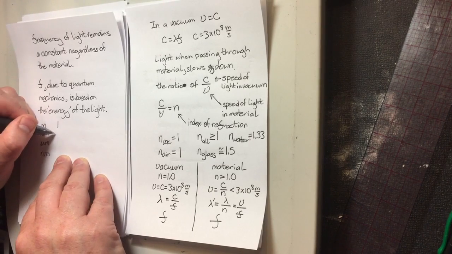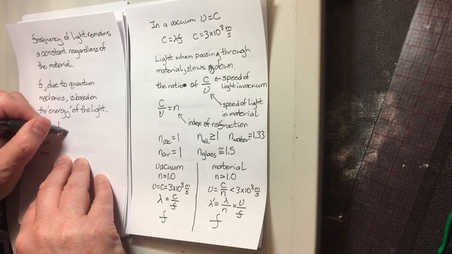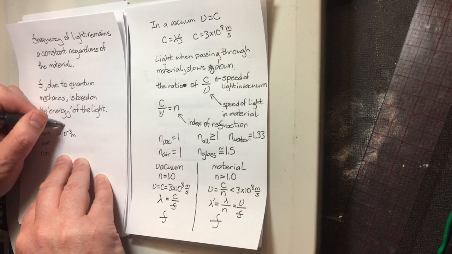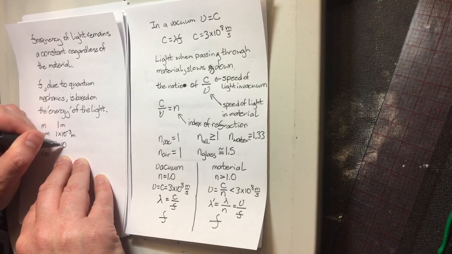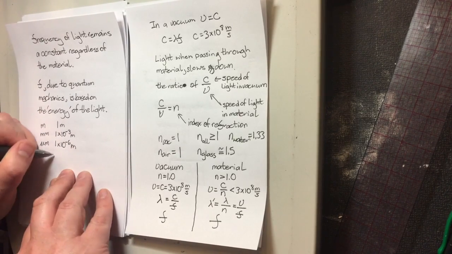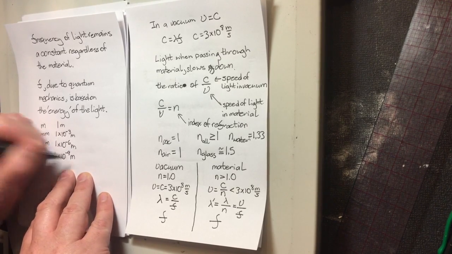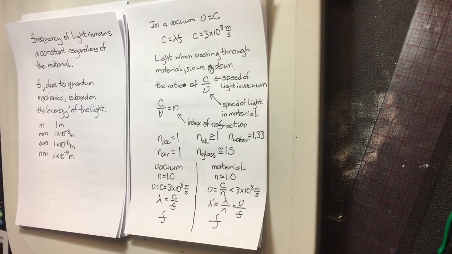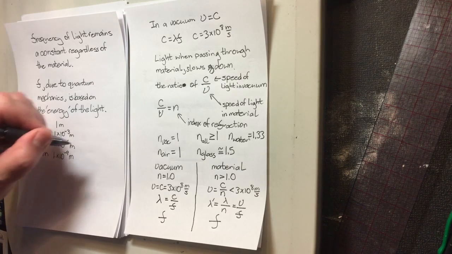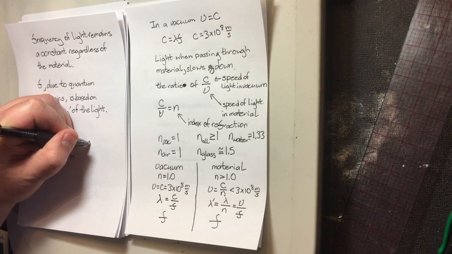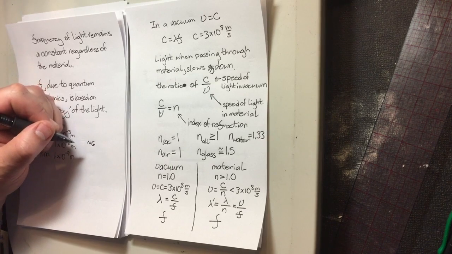Millimeter is 1 times 10 to the negative 3 meter, micrometer is 1 times 10 to the negative 6 meter, nanometer is 1 times 10 to the negative 9 meters. And that's really small. And now traditionally, light is on the order of, let me get this right.